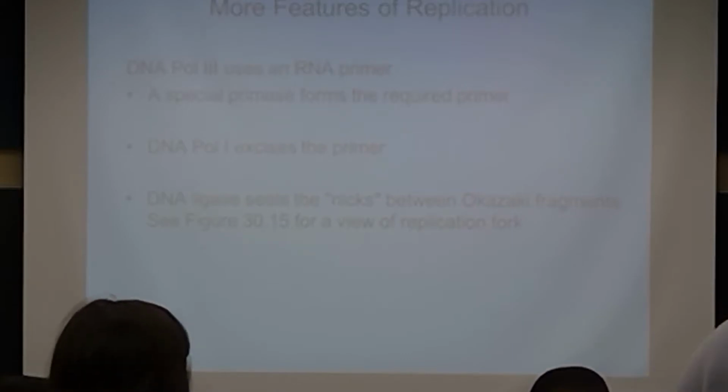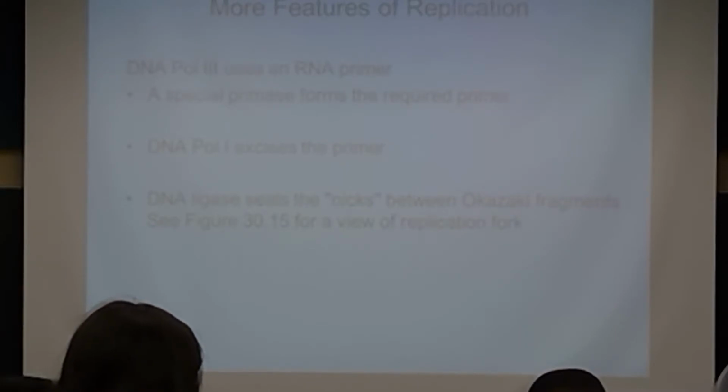And then ligation produces a continuous form complementary to the lagging strand. This is a complete picture of a replication fork. Replication fork means the active replicating enzyme.